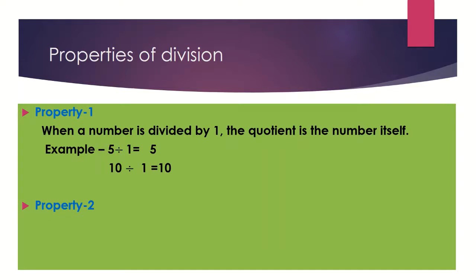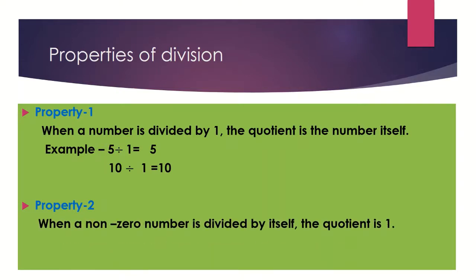And property 2. When a non-zero number is divided by itself, the quotient is 1. For example, 9 divided by 9 is equal to 1 and 3 divided by 3 is equal to 1.